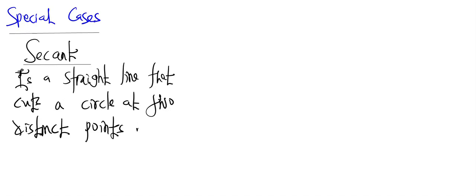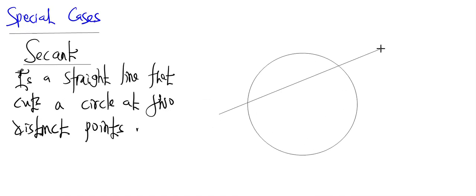So we need to have a diagram to understand what we mean by secant. It must cut it at two distinct points on the circumference. So let's say it cuts it at A and B. In that way, that's secant.